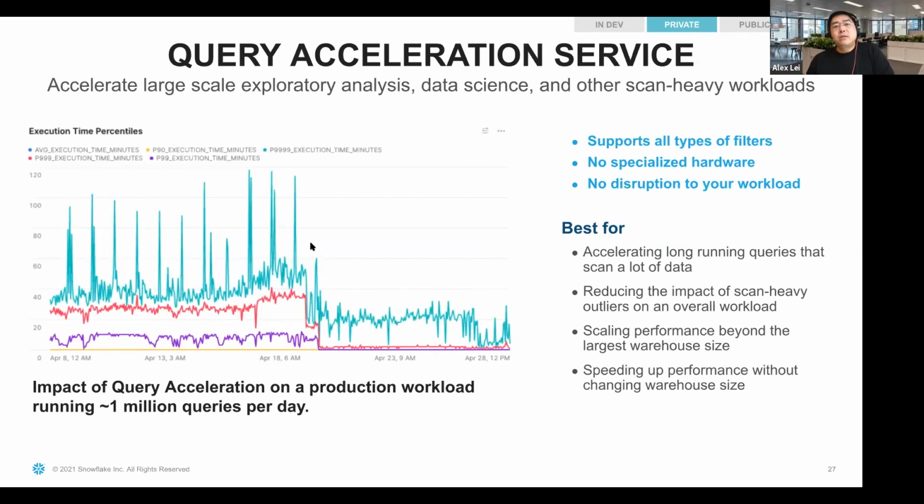One other thing that we mentioned in the summit is query acceleration. Over time in Snowflake there have always been multi-cluster warehouses, as Nitt mentioned, to spread the load across multiple clusters. That helps with concurrent processes running small to medium-sized queries.